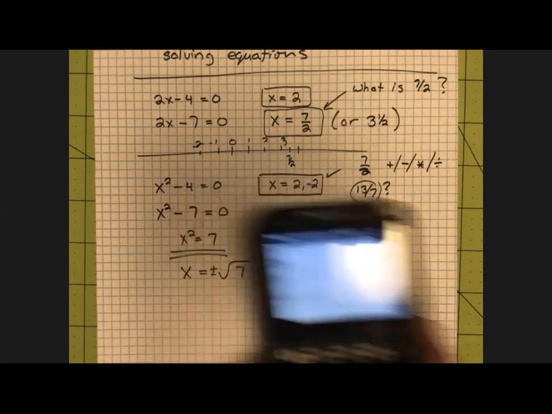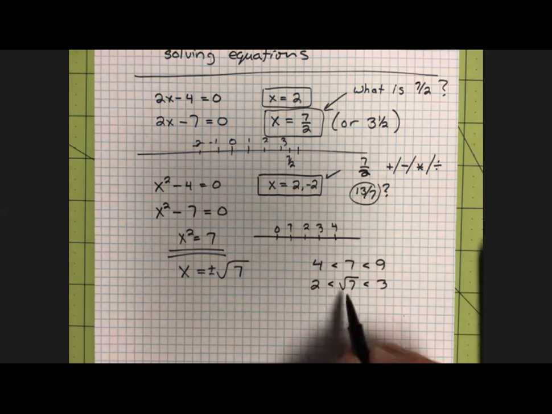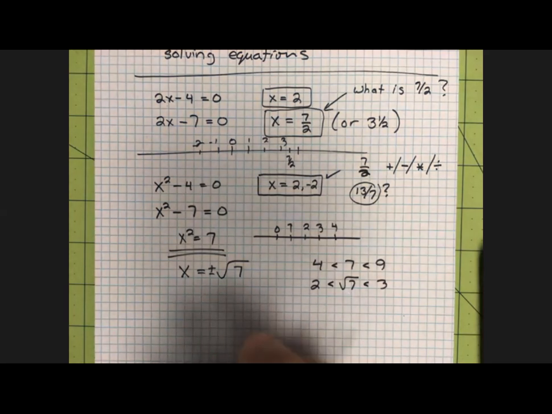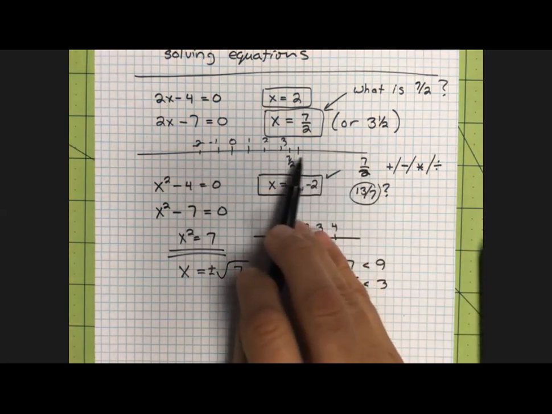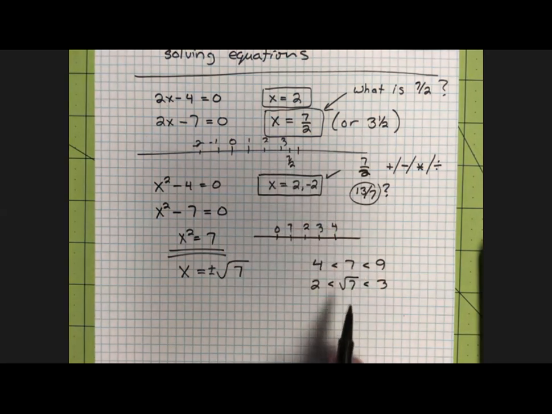But you just realized that there was a new in-between number. Like 7/2 was in between 3 and 4. Now there's a new number in between 2 and 3 called the square root of 7. And recently, we were just working with square roots, simplifying them, adding them, subtracting them, dividing them. But you've done work with square roots before in some ways.